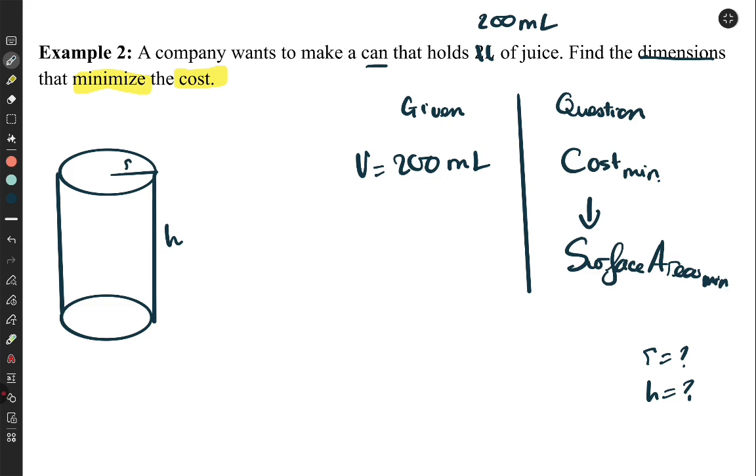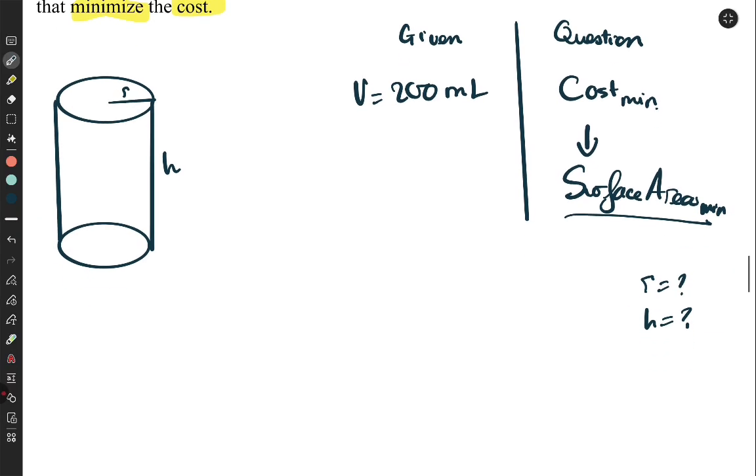That's basically the material to make the can. The less material to make this one, the less the cost, the more the profit. Minimize that, we're done, because cost doesn't involve these two. You want to minimize this one, which has both of them: the surface area of a cylinder.